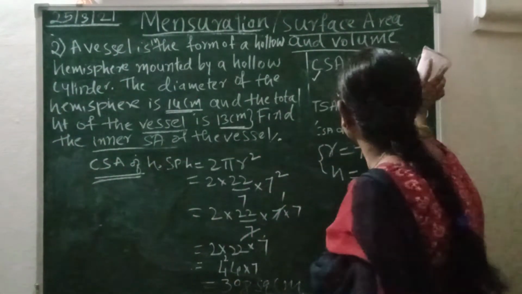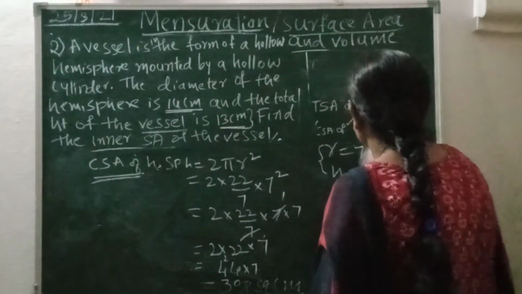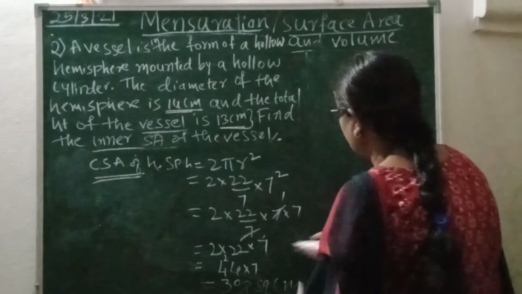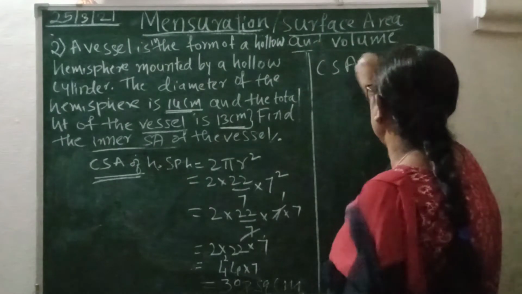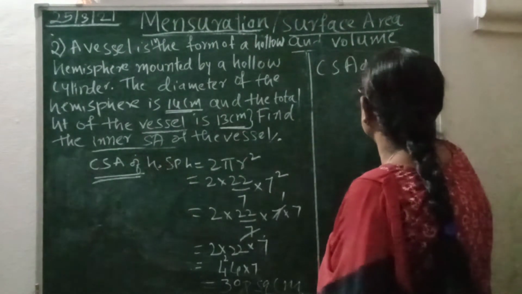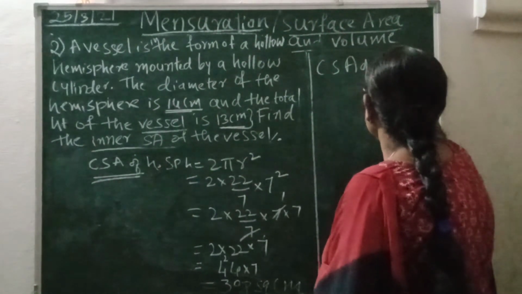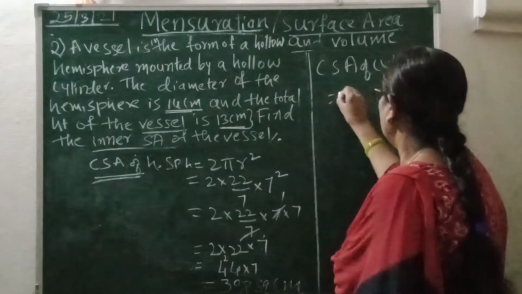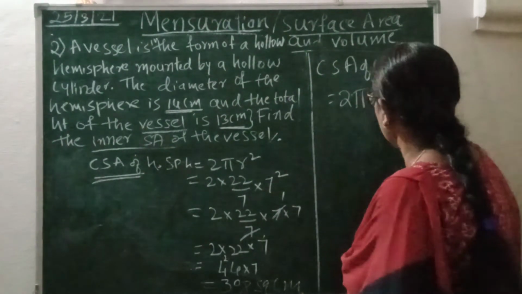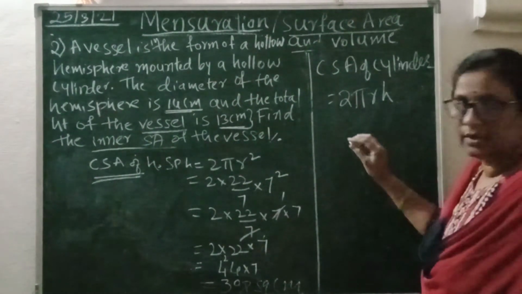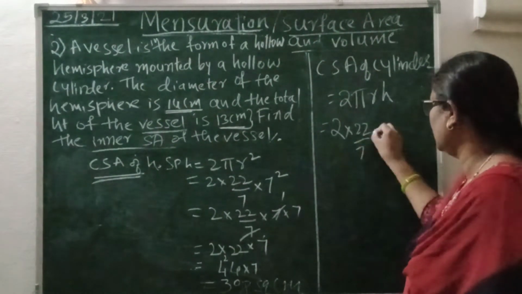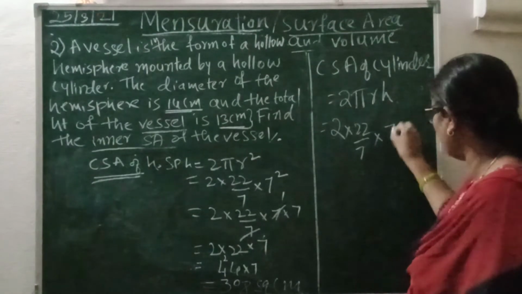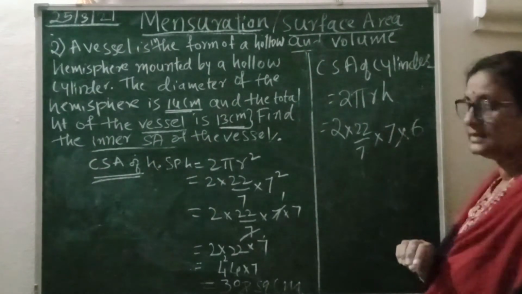Now let me proceed with the second part, that is the curved surface area of the cylinder. Yes, I think you know the curved surface area of a cylinder is equal to, yes, it is very common, 2 pi r h. 2 by 7 into radius, it is 7, height we calculated as 6.